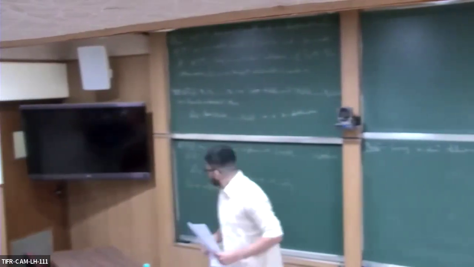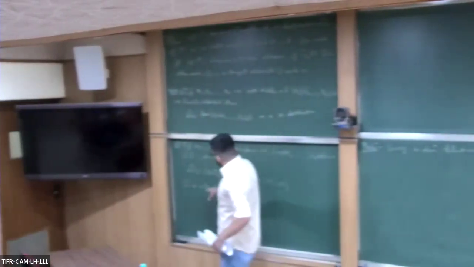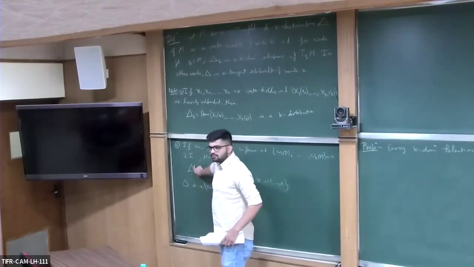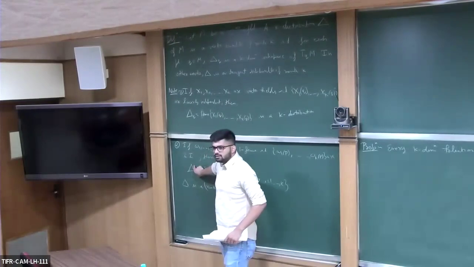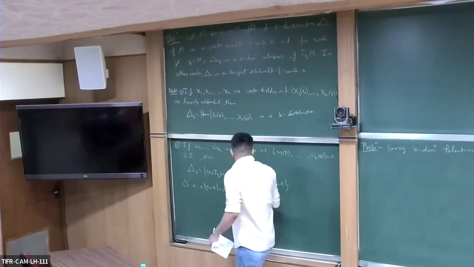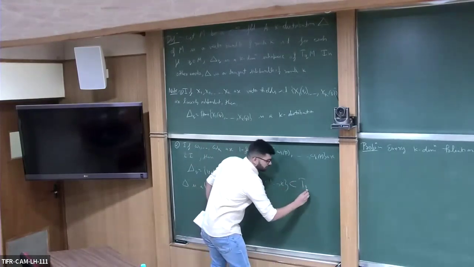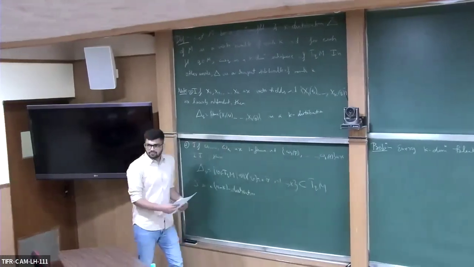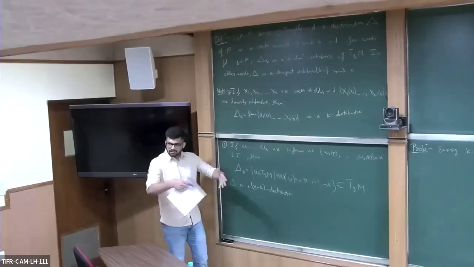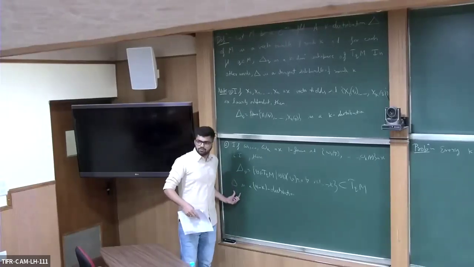Delta Q, the span of this, is a k distribution. So this is a fiber. This is the fiber. This is a subspace of the tangent space at the point Q. Collecting these fibers, we get this object delta.